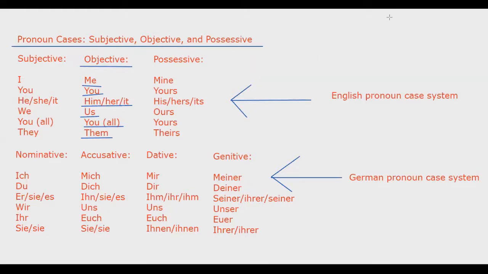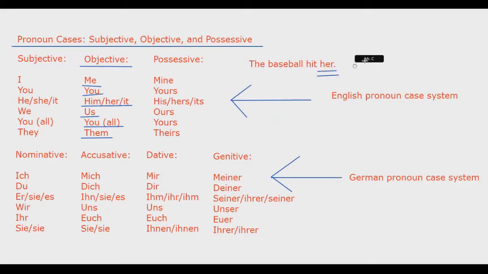And for a direct object example, we have, let's say, the baseball hits her. In this case, her is a direct object because, actually, I'm sorry.